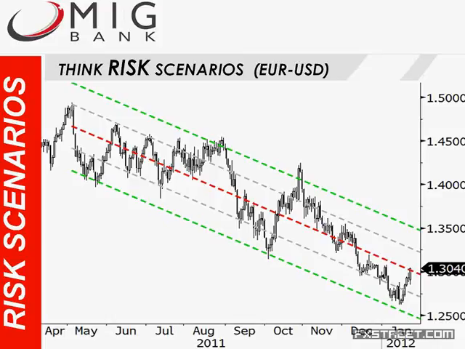Now, the red dashed line is the average mean where Eurodollar has been oscillating for several months, and we're testing that mean at the moment. The gray line is either +1 standard deviation or -1 standard deviation. So straight away you have multiple positive and negative scenarios that might happen on Eurodollar. And the green line is +2 standard deviations or -2 standard deviations.